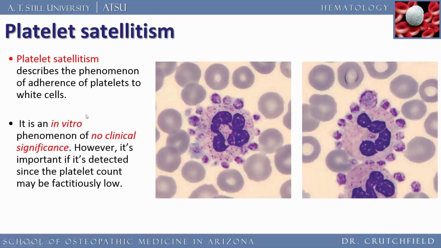This is only seen in vitro. It's only seen in the test tube. There's no clinical significance. However, it's important if it's detected, since the platelet count will be factitiously low. So again, the Coulter counter, which is what gives us our CBC results back, will tell us that the platelet count is low, and the truth is the platelets are all stuck to the white cells.